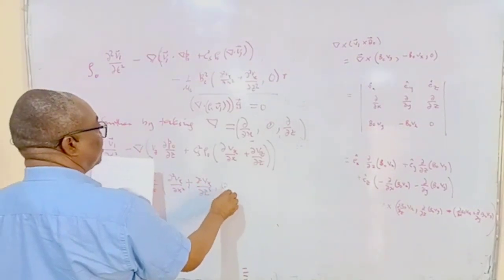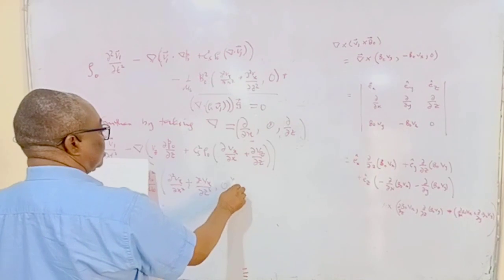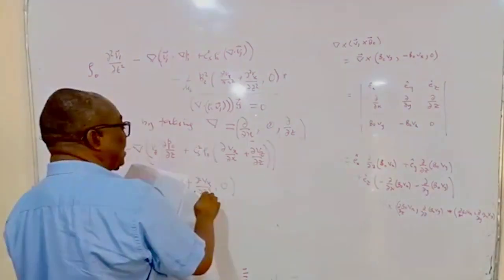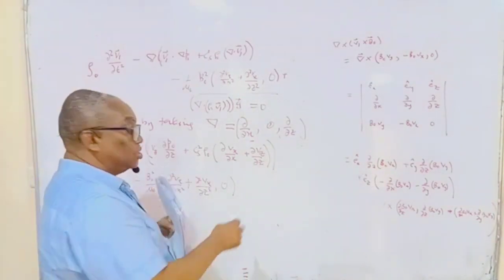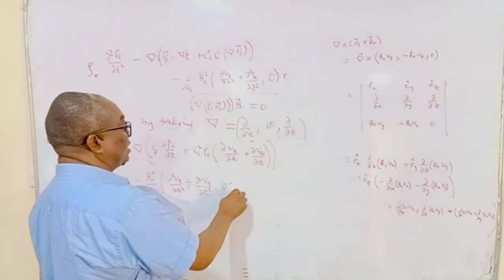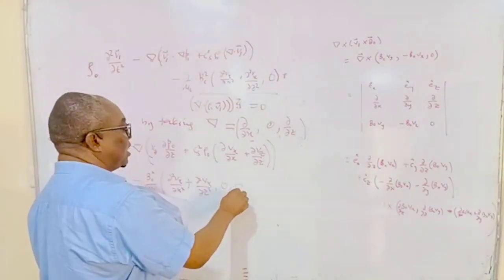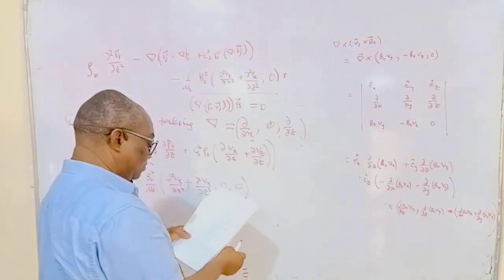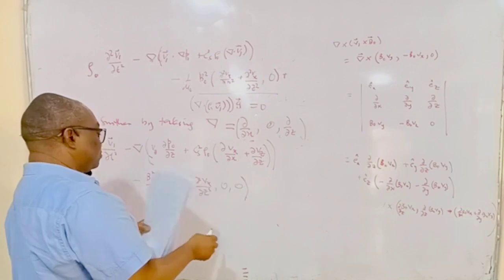I will have 0 because I'm taking this as 2 dimension. If I want to still take the 3rd dimension, because they are all 0, we can now take the last one.